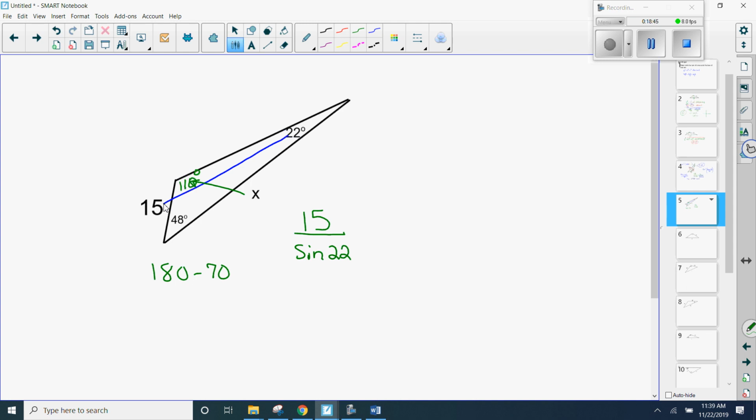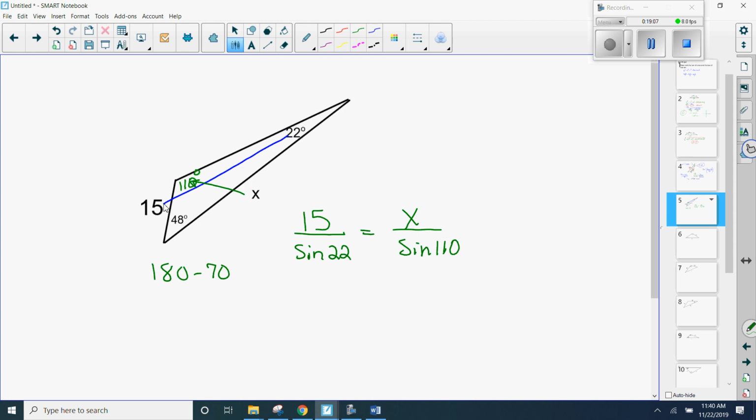You have to know 2 of the sides, and you don't. So you would say x squared equals 15 squared plus I don't know squared. So you have your 2 unknown values. So 15 over the sine of 22, because there's a pair, is equal to x over the sine of 110.